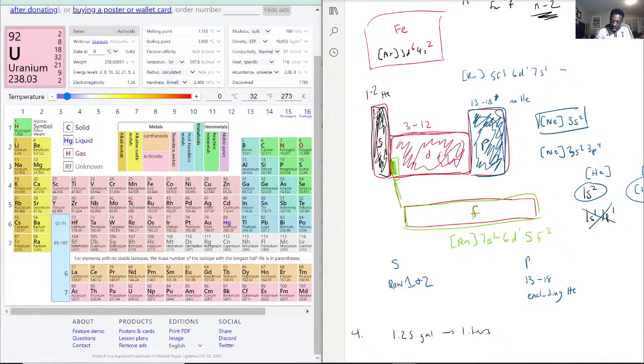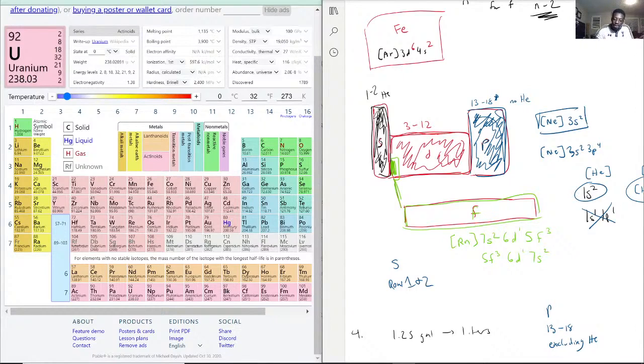So that would be the actual correct one. There's probably more ways to do it in terms of how they prefer their shells to be filled, but you want to make sure it's in order: 6d1, 7s2.